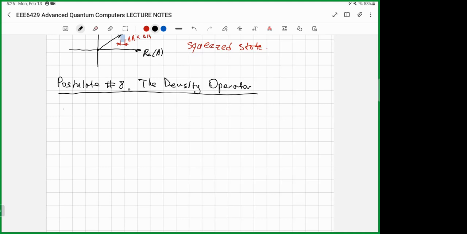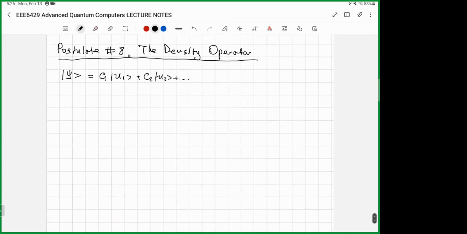We say that a system in a so-called pure state, described by only one psi vector, can be represented as a superposition of its eigenstates, plus etc. So we call this a pure state.